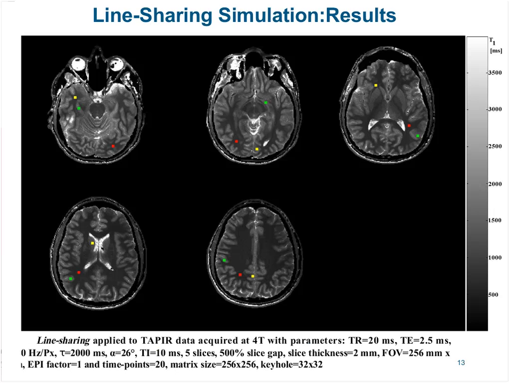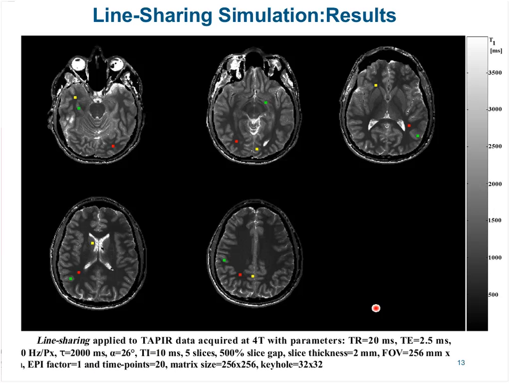So now there are the results. After applying the line sharing algorithm, the line sharing is applied to Look-Locker data acquired at 4 Tesla with parameters of TR 20 millisecond, TE is 2.5 millisecond, and tau is 2000 millisecond, flip angle is 26 degrees, and I think the bandwidth is around 800 hertz per pixel.